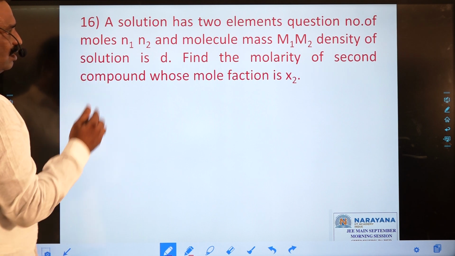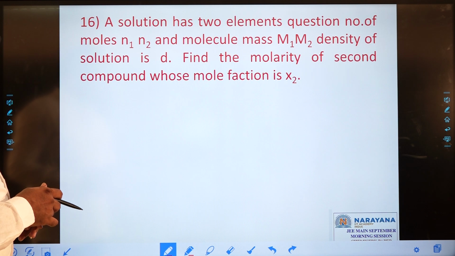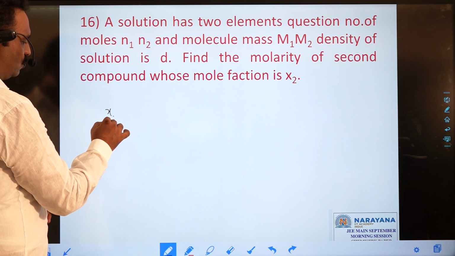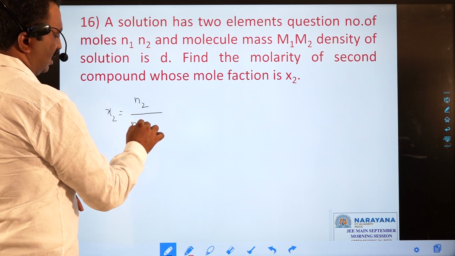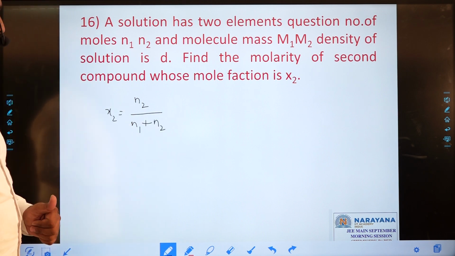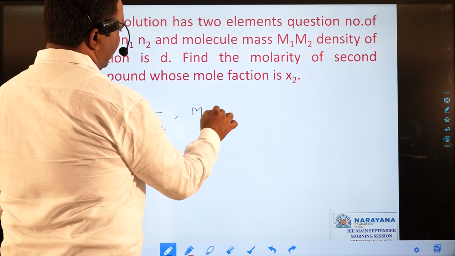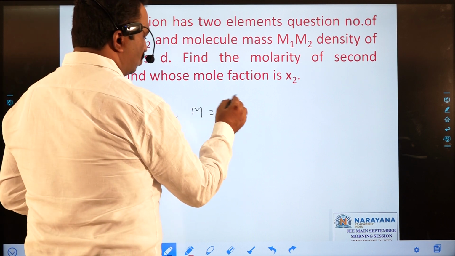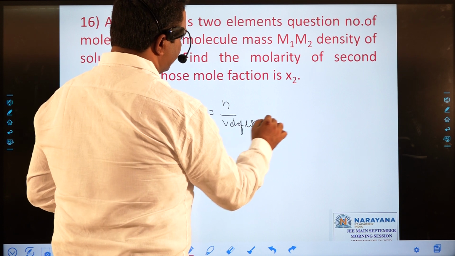See, when the two solutions given having the number of moles N1 and N2 with a mole fraction X2 for the second compound. So X2 is equal to N2 by N1 plus N2. This is the mole fraction. Whereas molarity M is equal to number of moles by volume of solution in liters.